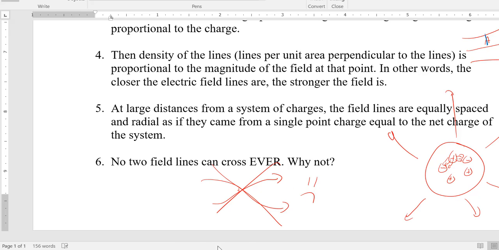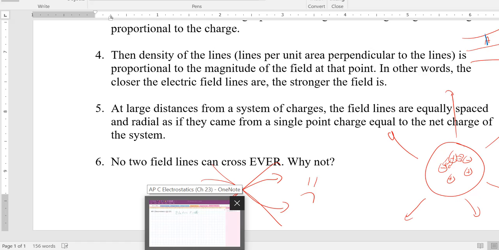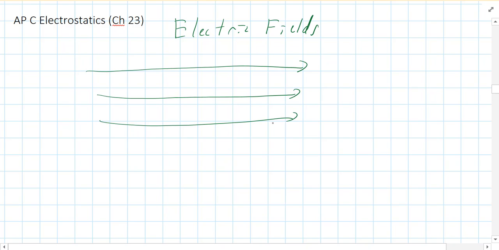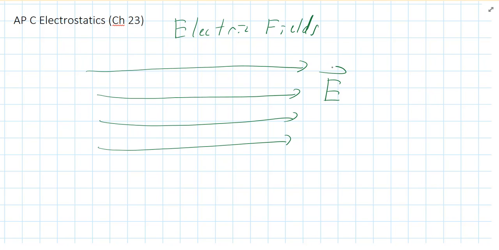Now, some other things about fields. Let's say that I have an electric field pointing to the right. So there's our electric field. We use the letter E to symbolize electric field. Well, an electric field tells you which way the force on a positive charge would be.